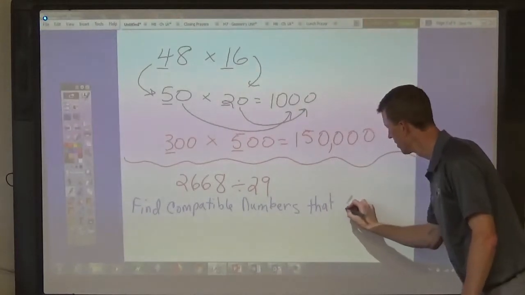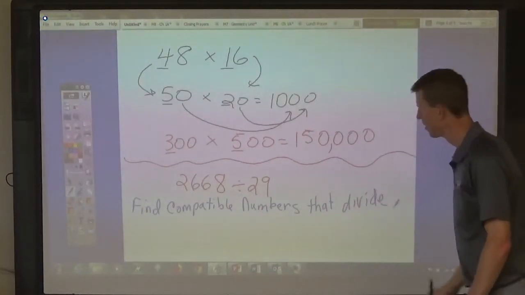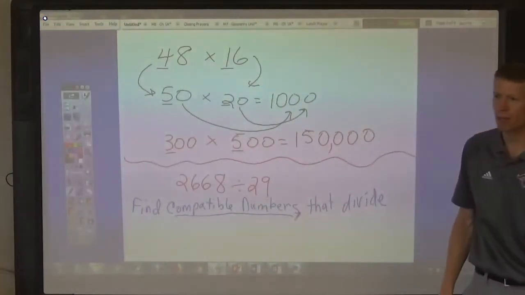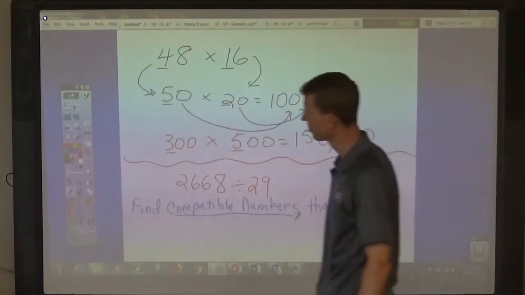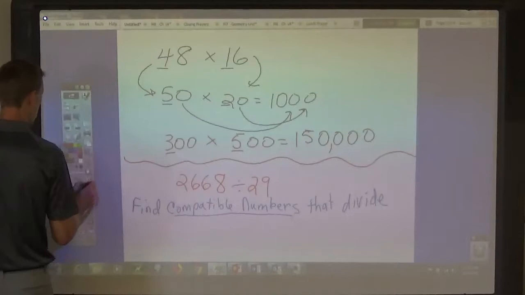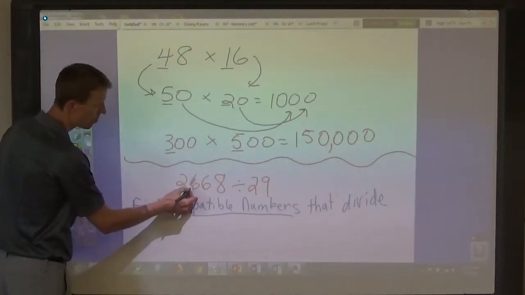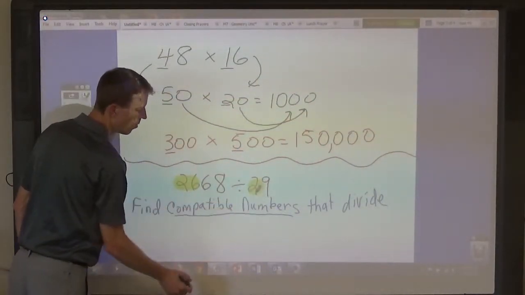The key here is compatible numbers that divide. Numbers that would divide without a remainder. Then you have to look at the front of each number, 26 and 29.